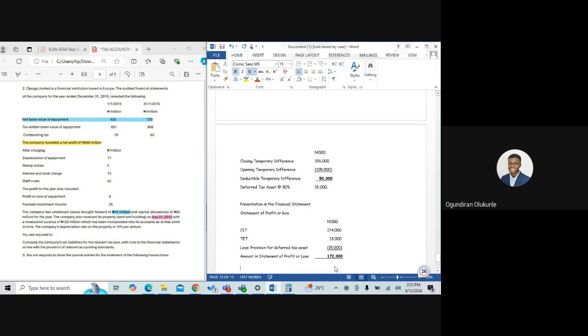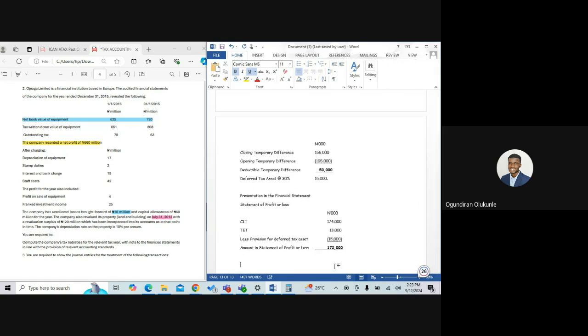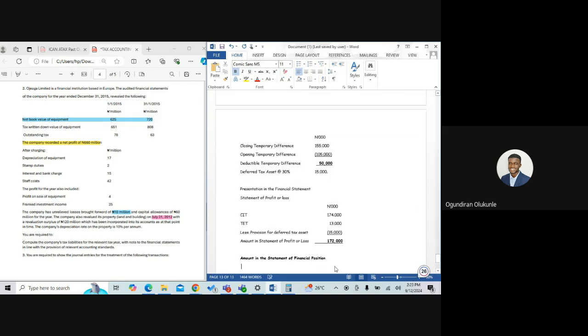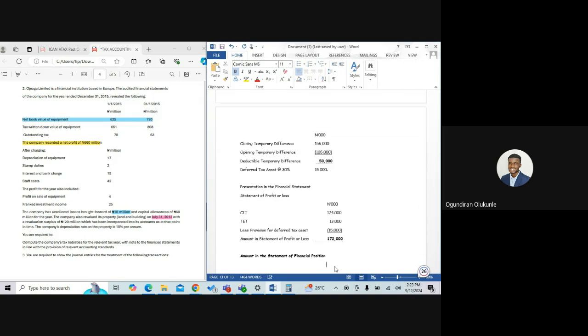Then, amount in the statement of financial position. So you have this. Are you with me? Yes.